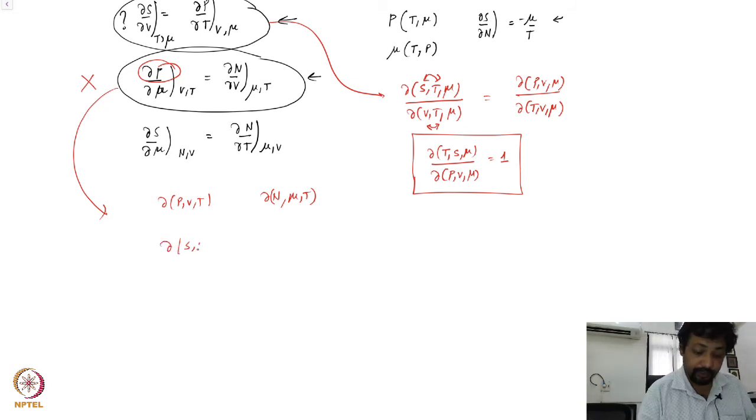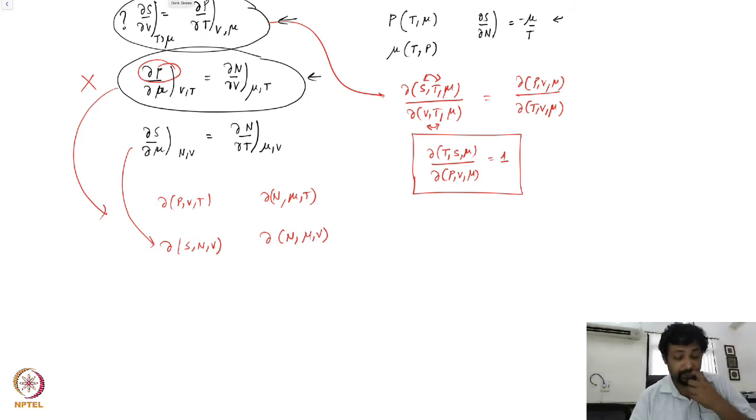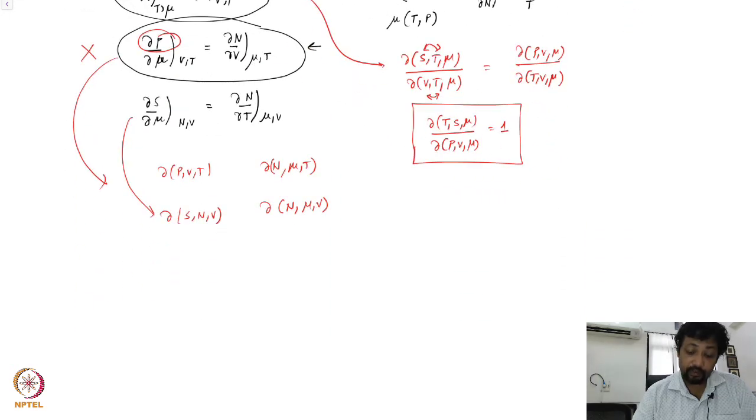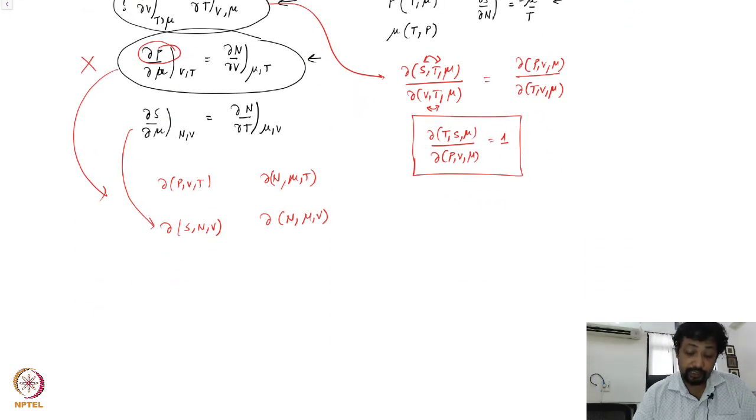Then again I have ∂ of S and V. For this part I have ∂ of S and V on the left, and on the right hand side I have ∂ of N, μ, V. I'm not writing the denominator that I said earlier. S and V, let's see, do I have the combination S and V and N μ V?